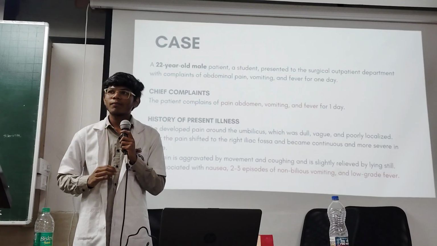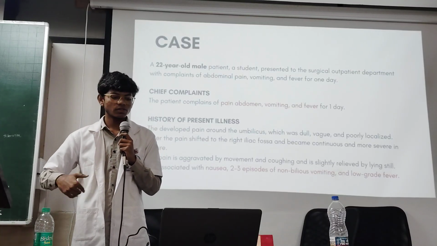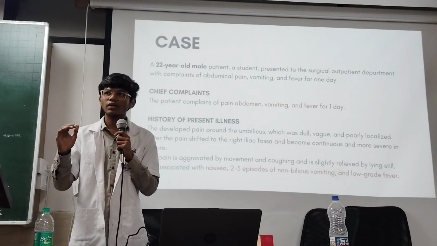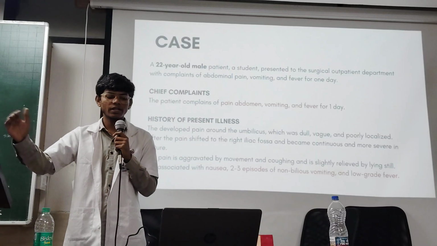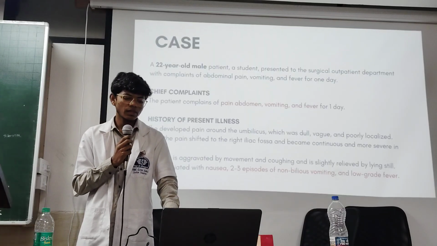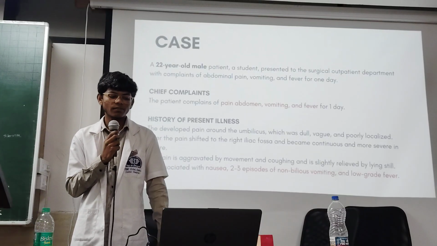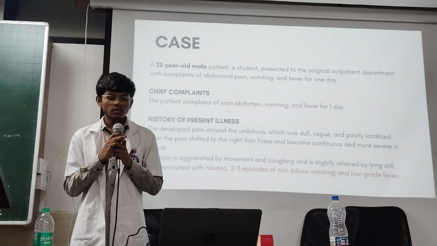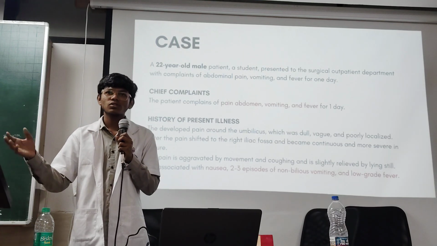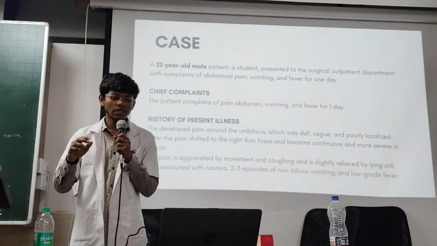Then the pain shifts towards the right iliac fossa. As it continues, it becomes more severe in nature. The pain is aggravated by movement and coughing. When the person is lying still, the pain is relieved.